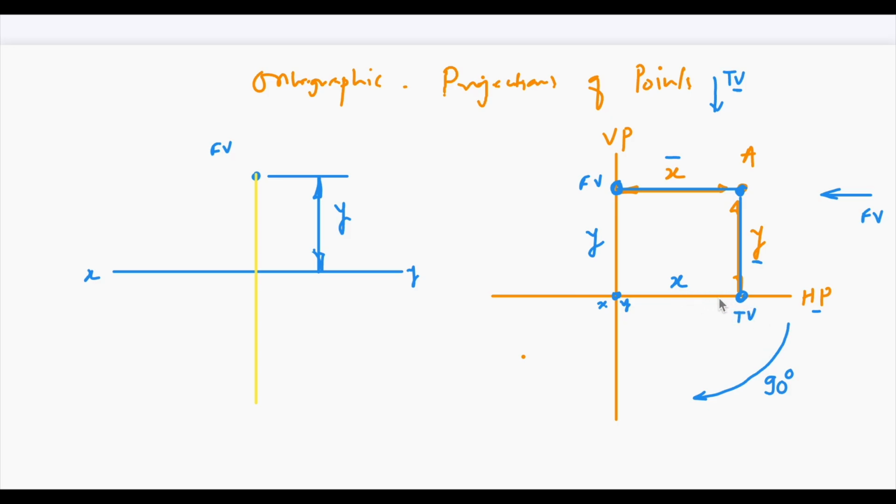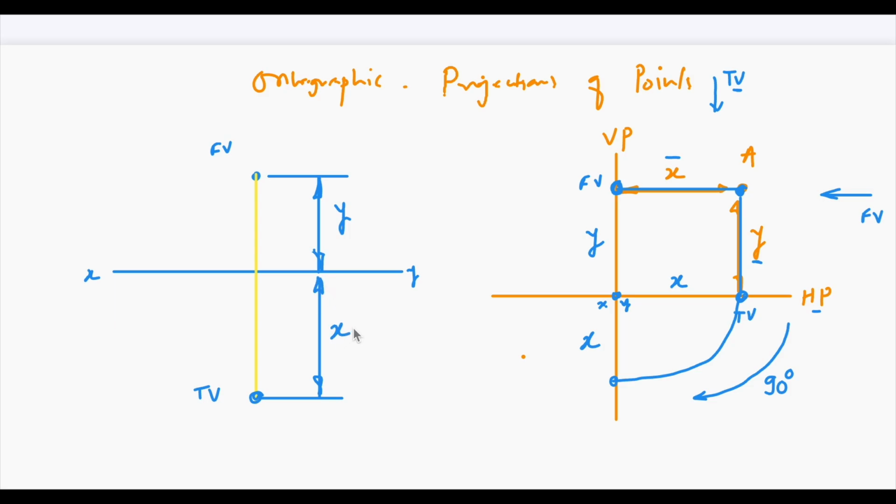So the top view that was appearing in front of xy line at a distance x will be shifted below xy line and the distance is going to be same x. So on this projector of the front view, you will get top view at a distance of x from xy line.